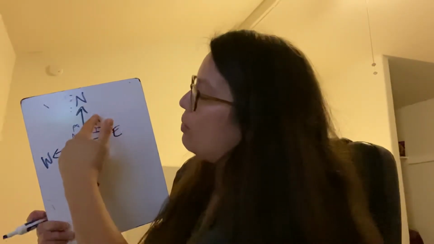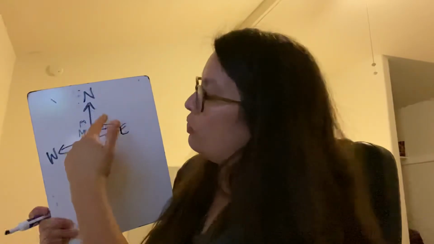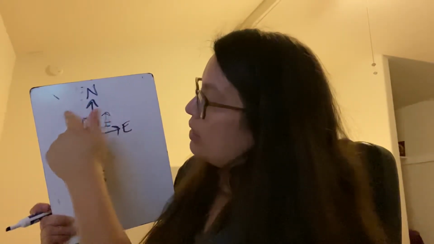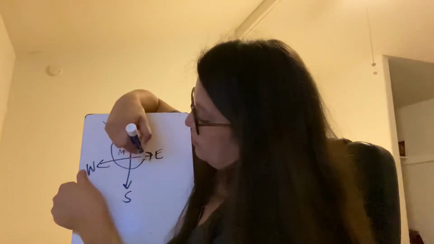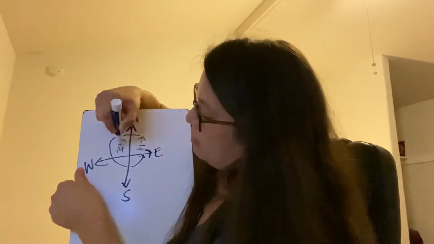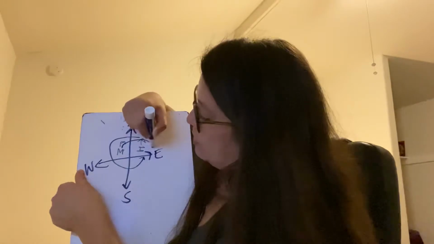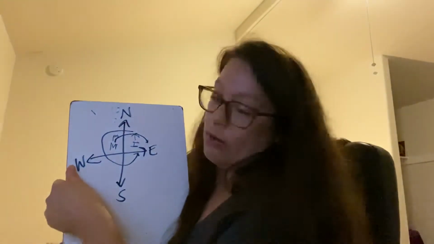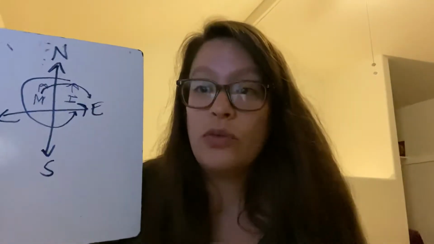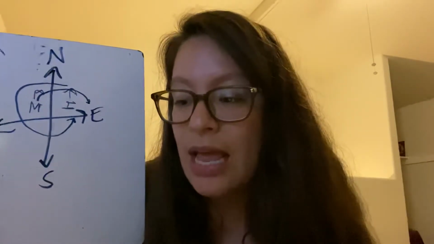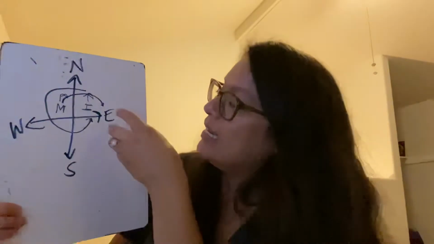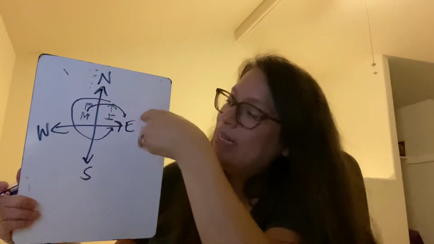It's not a full 360, right? So she's going this way. All right, so which way are they both facing? Well, they are both facing east, right here. Okay, that's your example.